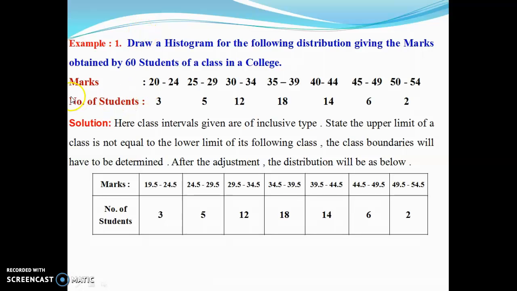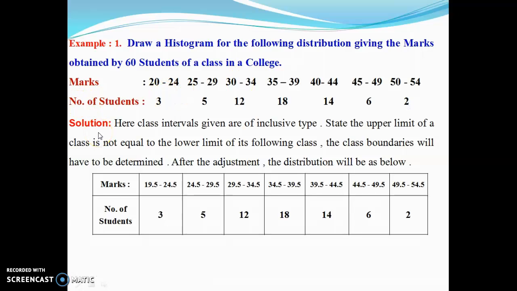The corresponding number of students is the frequency. For the first class, 20 to 24, the frequency is 3; for 25 to 29, the number of students is 5; and for the last, 50 to 54, the number of students is 2.